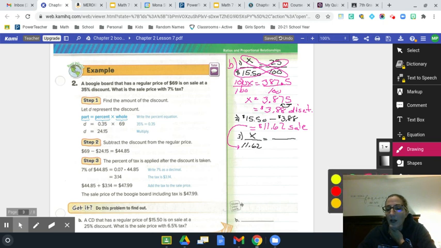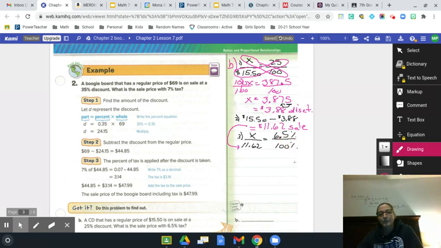Okay, let's finish it out here. Now remember, in the story, it says 6.5% tax. 6.5% tax out of 100%. Okay, proportion's ready to go. Let's cross multiply.